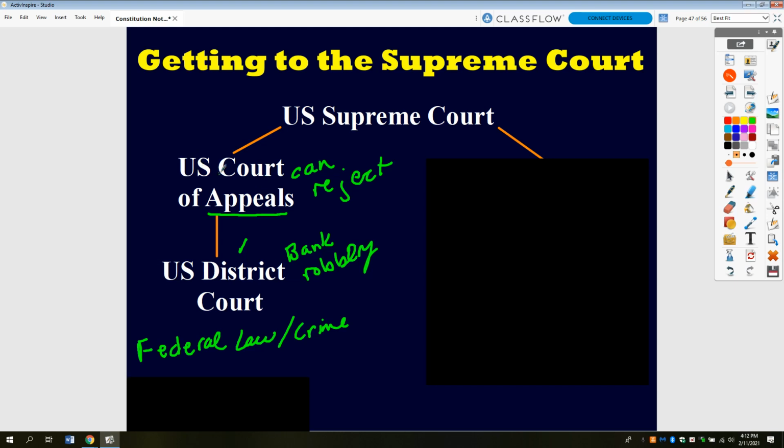Now, if you get into the U.S. District Court, U.S. Court of Appeals, and you feel like your voice wasn't heard here, let's say you feel like your rights were violated, not all the evidence was looked at, you can also appeal to the U.S. Supreme Court. And when you appeal to that court, the same process, they can reject it or they can accept it.